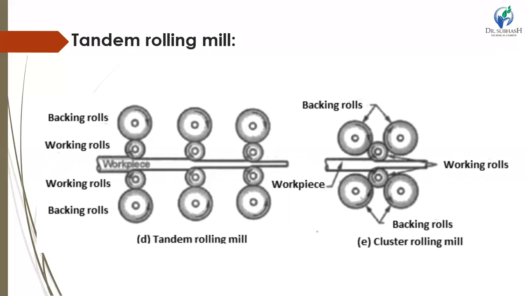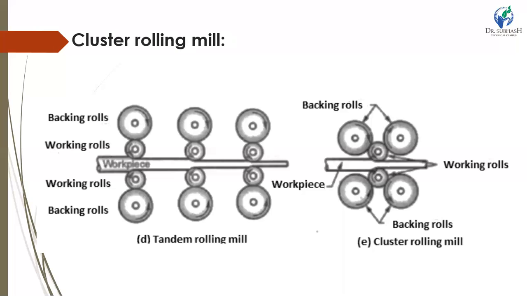Another one is the cluster rolling mill. The diagram of the cluster rolling mill is shown on the right side. It is a special type of four-high rolling mill, in which two working rolls are backed by two or more large backup rolls. You can refer to figure E, which is given on the right side.